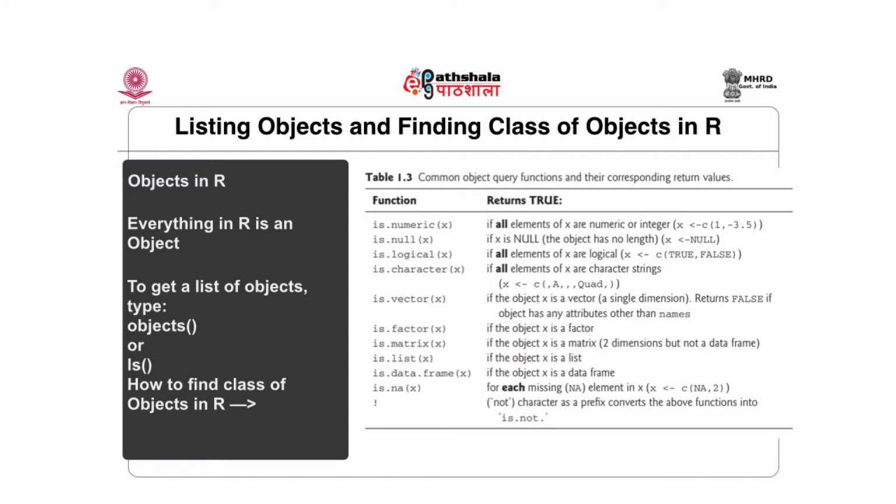R starts with a wide open space, and in that space you can write anything you want. Any information you put in that space becomes information bits that can be stored in the form of objects. So R provides you a space for holding these objects.